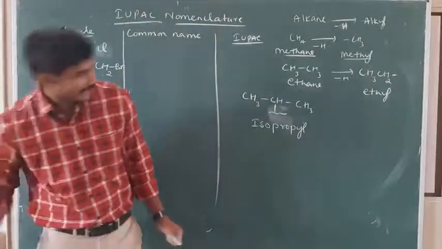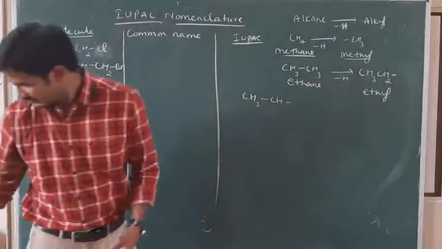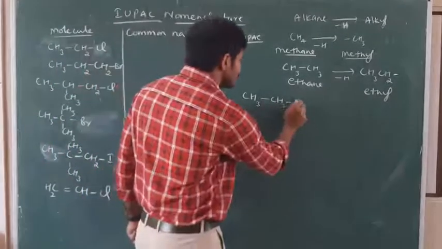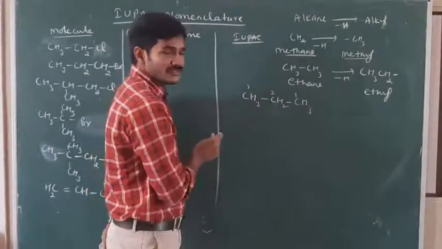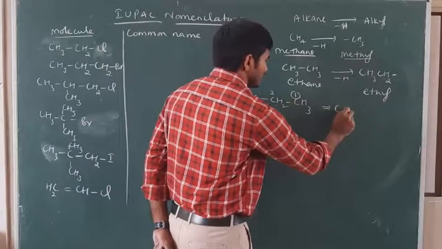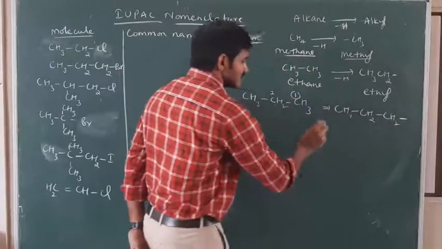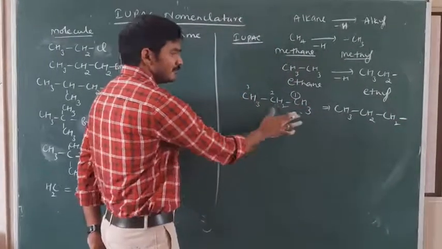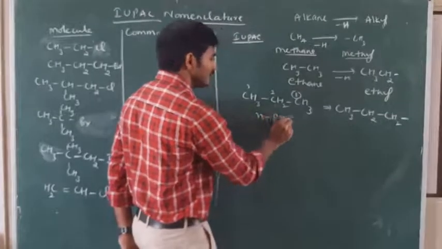Let me explain once again. Here we have 1, 2, 3 carbons. If I remove one hydrogen from the first carbon, what can I write? CH3CH2CH2. This is normal propane, there is no branching in this, so I write the word n-propane.